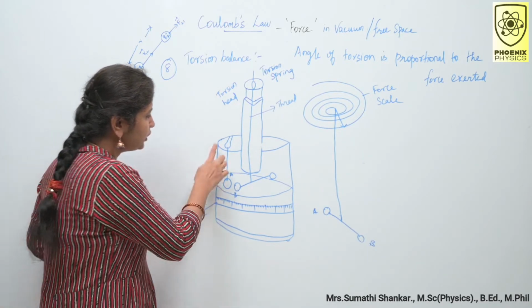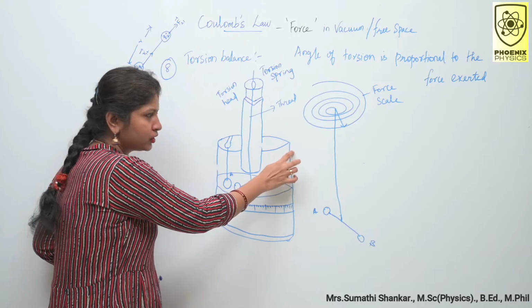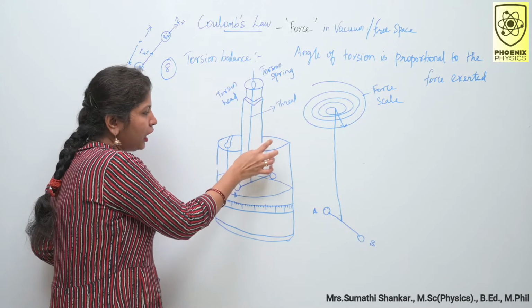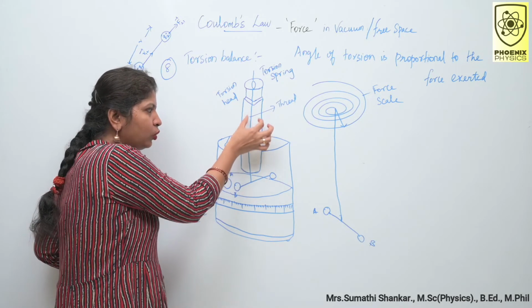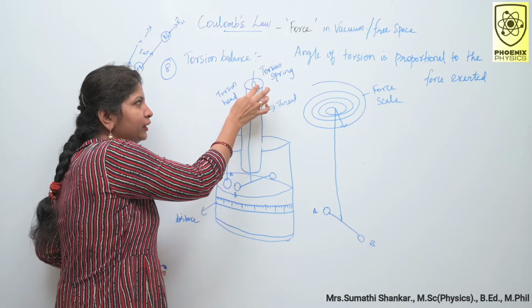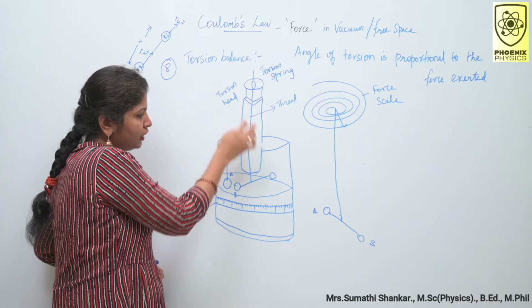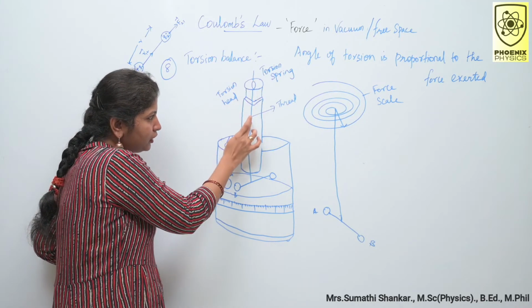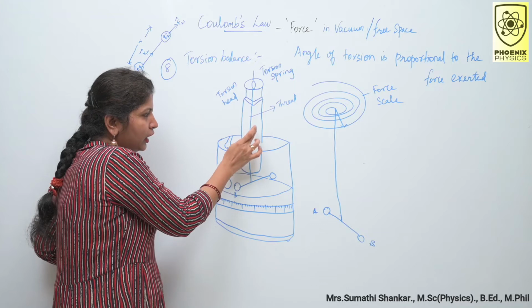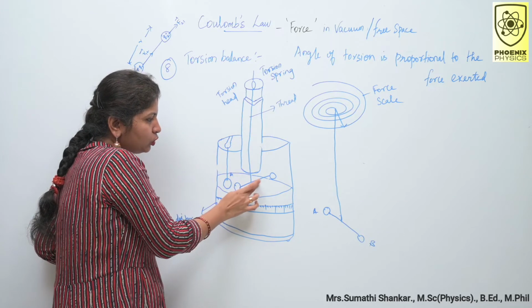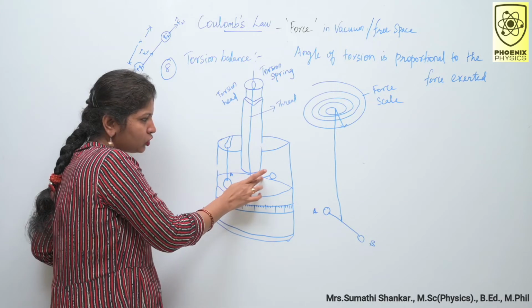Here I have a cylindrical glass case closed by a lid, and one tube emerges out from the lid. At the end we have a metal part called the torsion head. Inside the torsion head we have one thread, and the thread is connected to a horizontal needle. This is my horizontal needle.